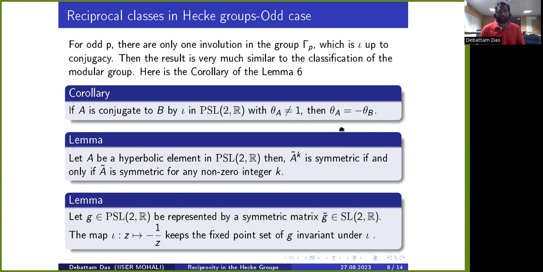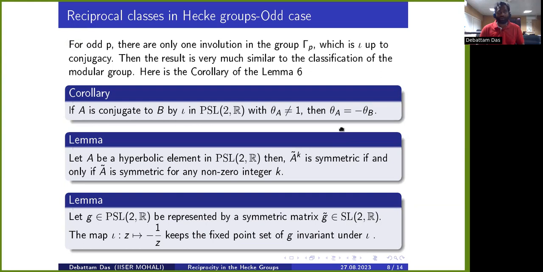So if A is conjugate to A inverse by iota, then theta A equals minus theta A. That's why theta A equals 0, which means b equals c. So this implies that A is a symmetric matrix in PSL2R.